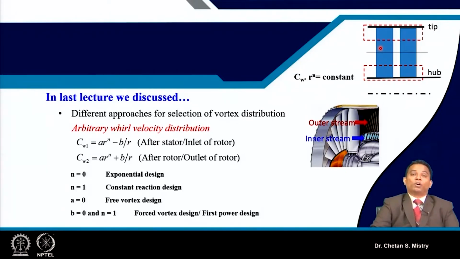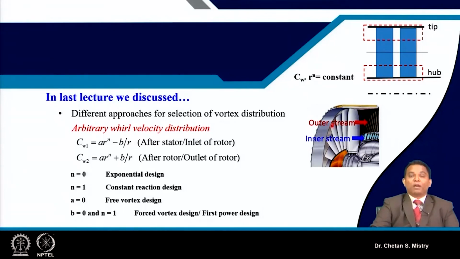And in order to compensate for the losses we get in loading, in particular at the mid section, we take the exponent to be a lower value, maybe in the range of 0.8. So this is one of the philosophies we have discussed.